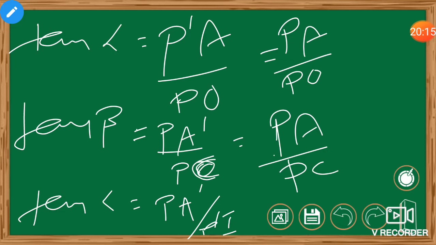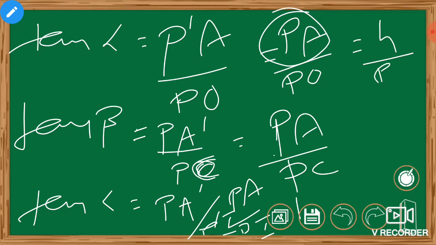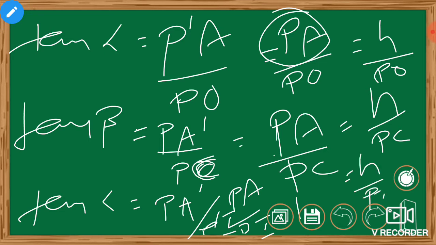Also tan gamma equals PA by PI. Okay, so from this, PA means here height H, so tan alpha is H by PO, and it is also H by PC, and here also PA by PI is H by PI.